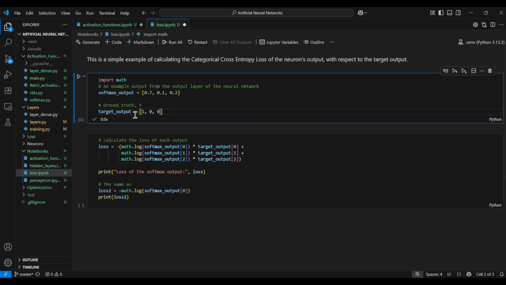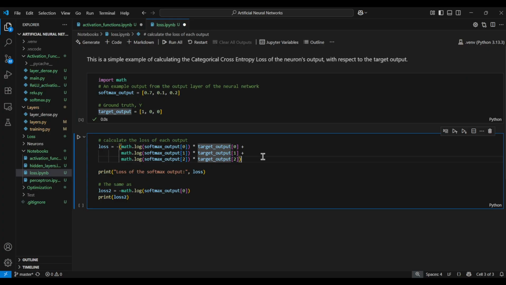Meaning to say, the ground truth here is the class, the correct class should be class 0 if ever. So the rest of the classes should be 0. Now, with calculating loss, you need to determine how far the predicted output is from the target output.